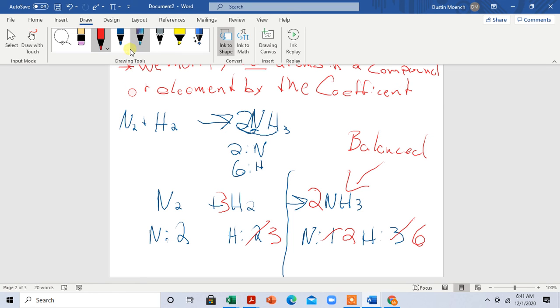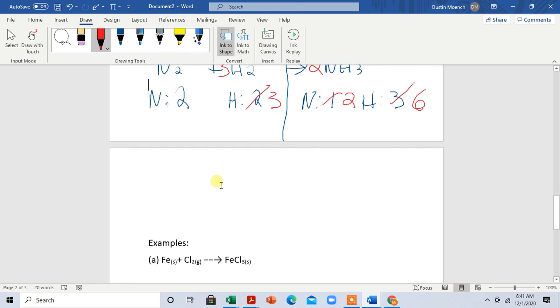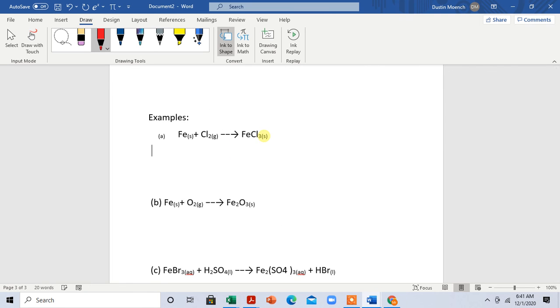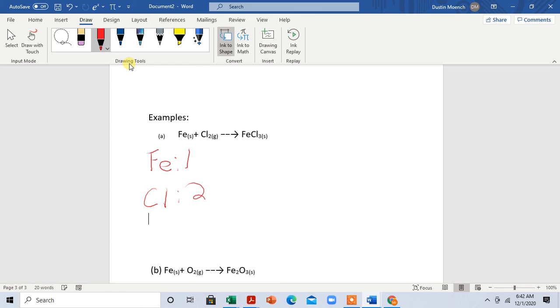All right, let's do some other examples here. First I'm going to count how many I have on each side of each element. I have 1 iron and 2 chlorines on this side, and 1 iron and 3 chlorines on the other side.